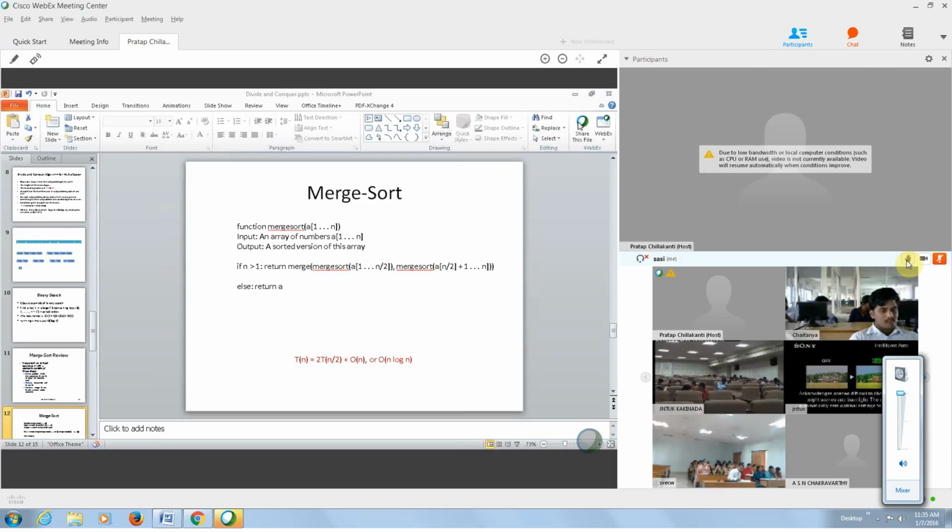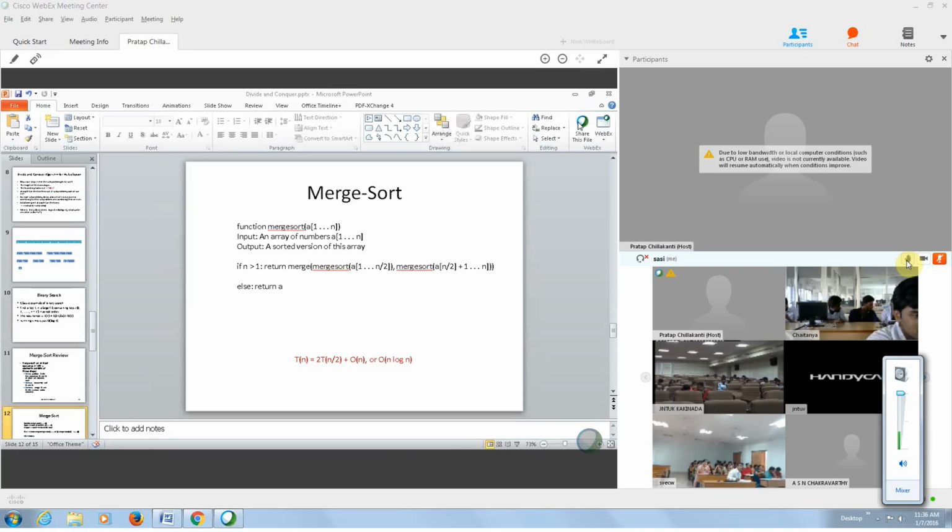Now, if you look at the timing factor of that, it's of the order of n log n. How do you arrive at that? At each level of the divide and conquer, you get that first factor 2T(n/2).